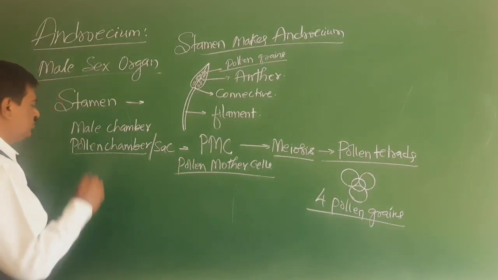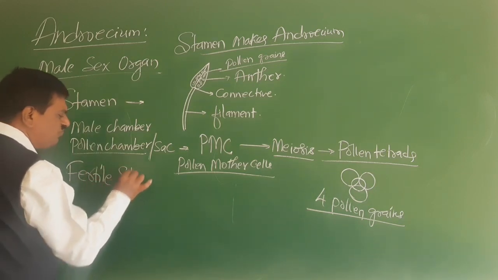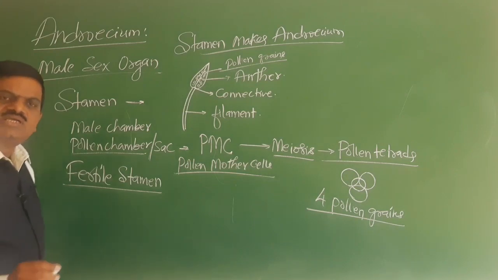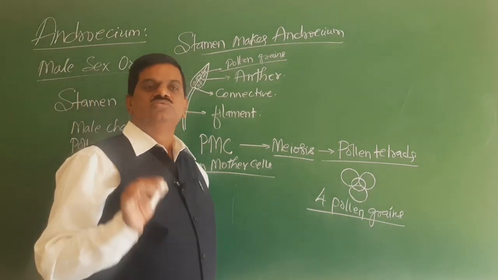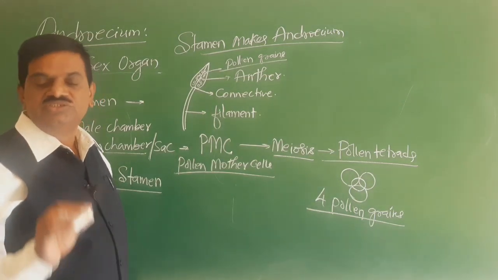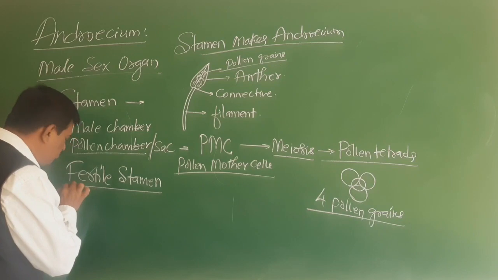So we are going for two words. One is called a fertile stamen. When a flower has stamens which help in reproduction and produce new plants, for that we use the word fertile.